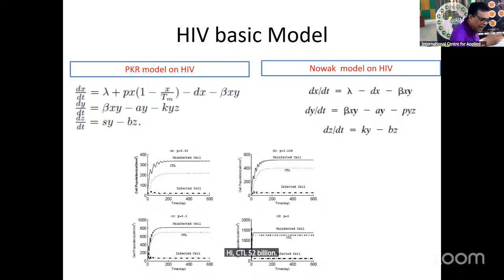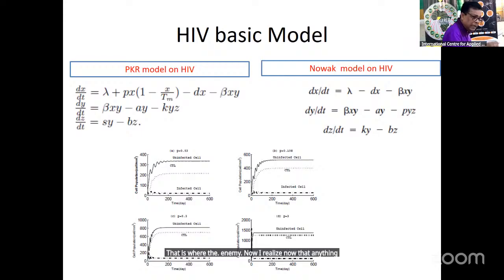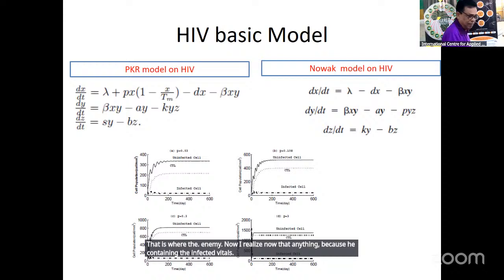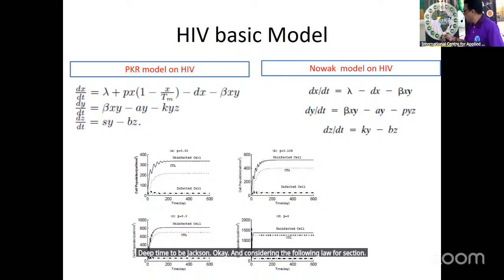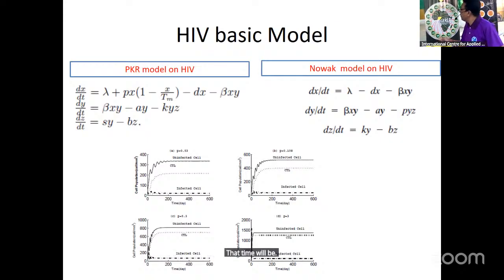We are considering that interaction at a rate K. Z interacts with the infected CD4 plus T cell, which is now the enemy, because it contains the infected virus. The CTL tries to kill that cell. Following the law of mass action, the term will be minus K Y Z.